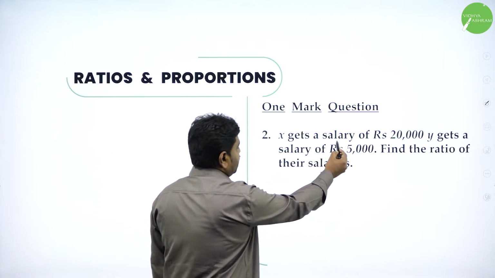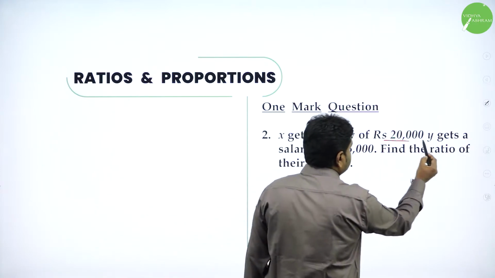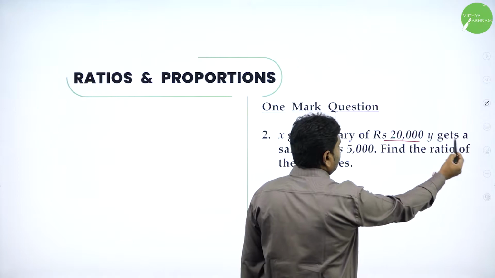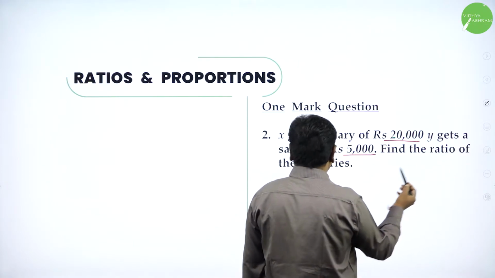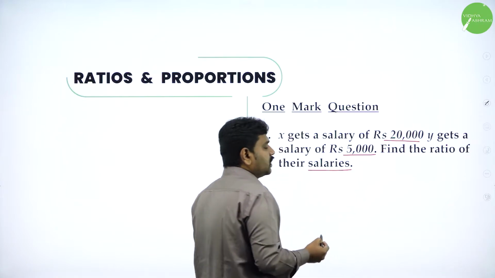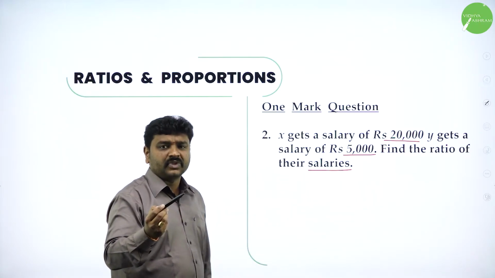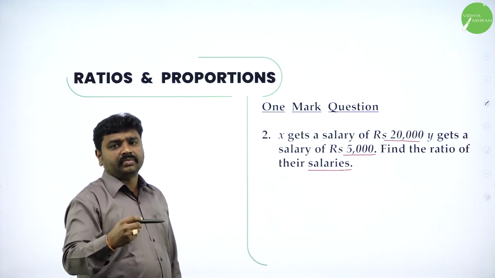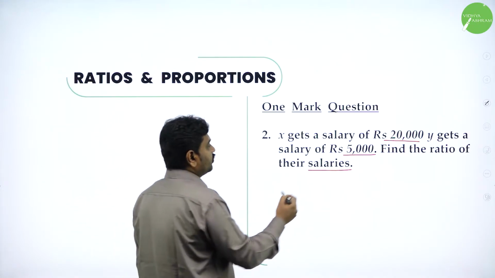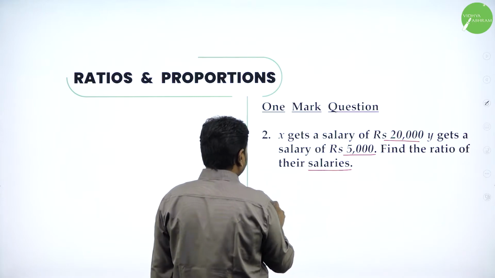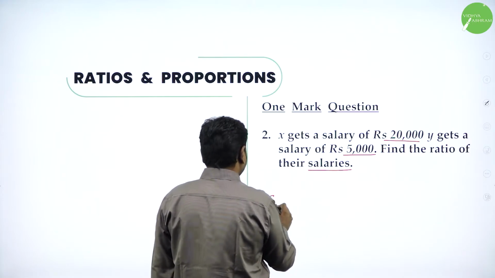X gets a salary of rupees 20,000. Y gets a salary of rupees 5,000. Find the ratio of their salaries. All of you know ratio means what? It's a relation between two same kind of things. So now the ratio of salaries.